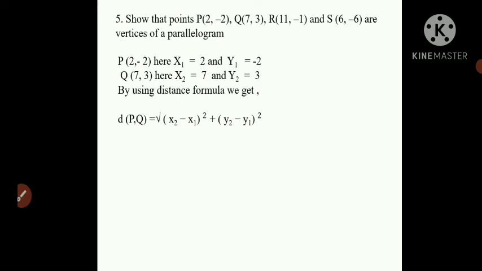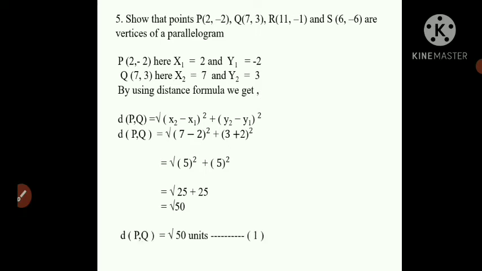So (7 - 2) the whole square plus (3 + 2) the whole square, since minus of minus is plus. Now 7 - 2 is 5 squared plus 3 + 2 is 5 squared, so 25 plus 25 is root 50. I'll keep this as it is. So the distance of PQ is root 50, which is my statement number 1.